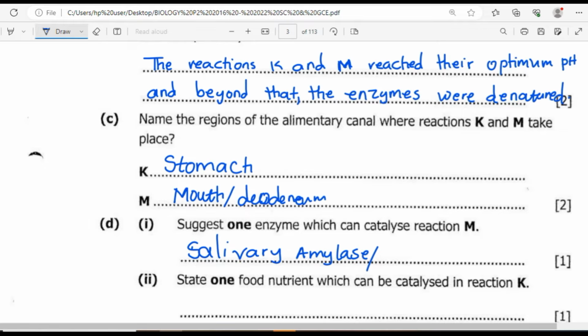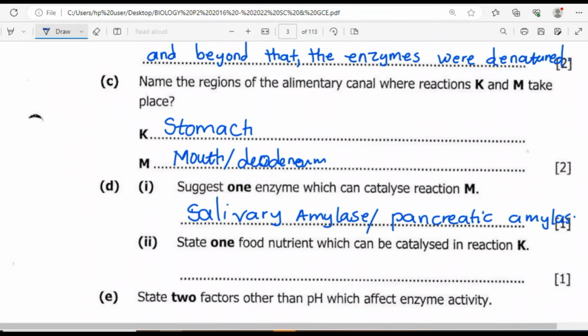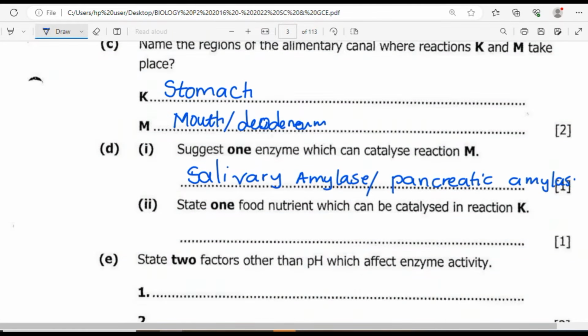Then if it's the duodenum, it can be pancreatic amylase. Okay. Then D2, one food nutrient which can be digested in reaction K. So reaction K is the stomach. So the type of digestion that occurs in the stomach is for proteins.